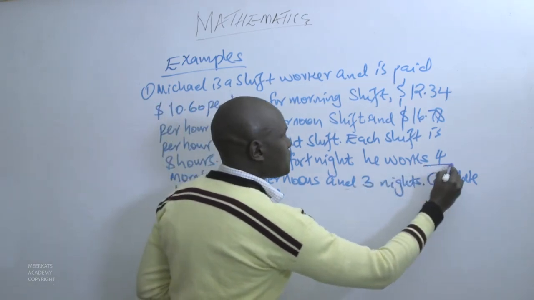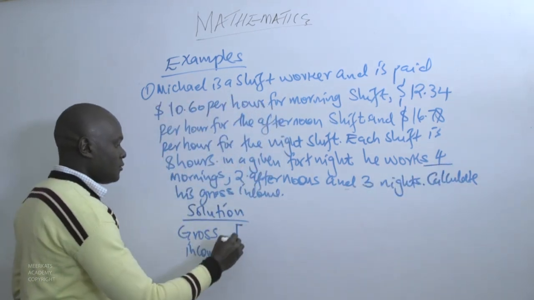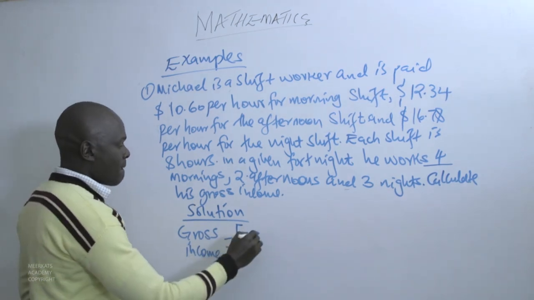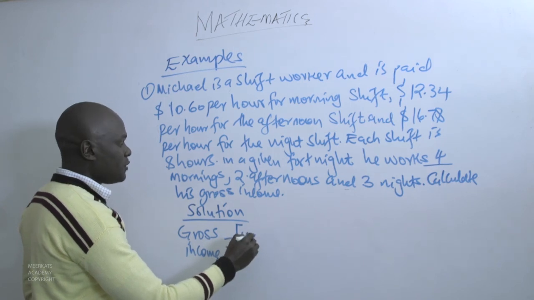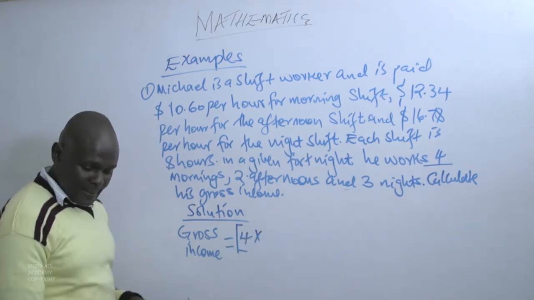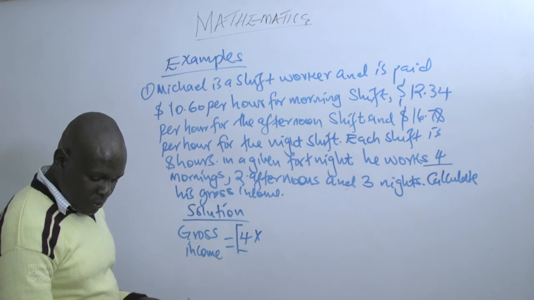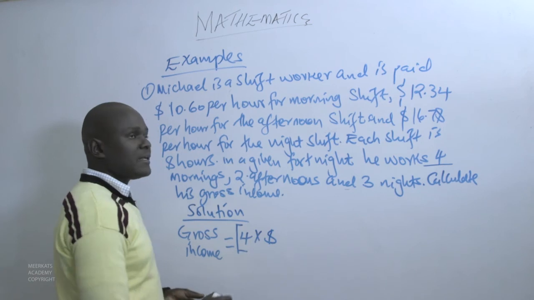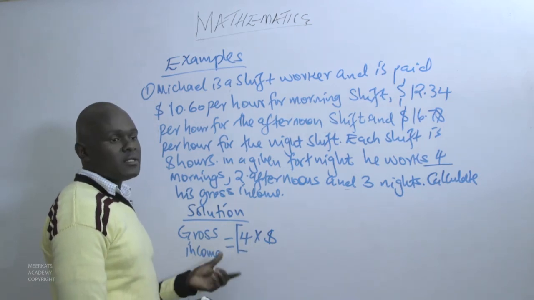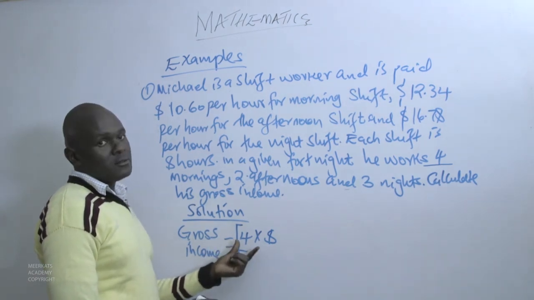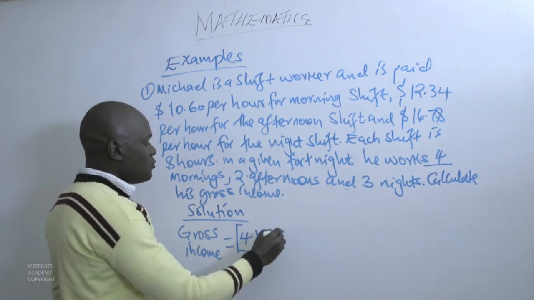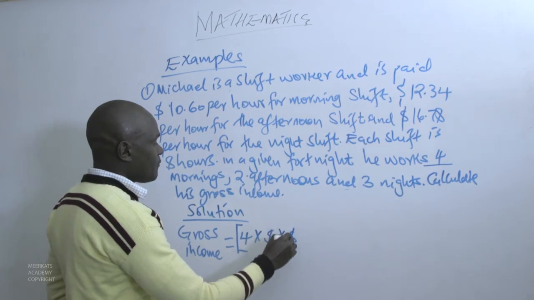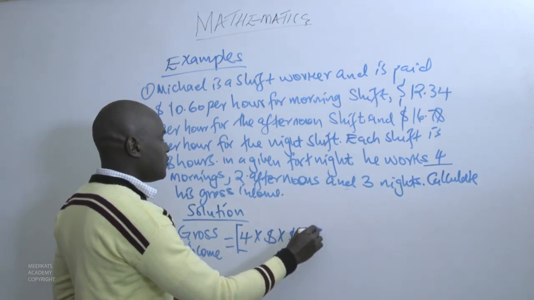The number of shifts will be 4 multiplied by the number of hours, so that we can get the total number of hours that this person works the morning shifts. Then you multiply by the rates, and the rates for the morning are $10.6.